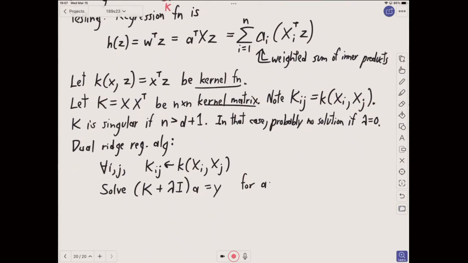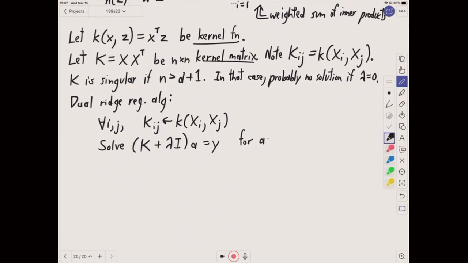And that essentially is the training phase of the algorithm. Once you've trained your regression, then you want to use it to label test points. So the testing phase: someone gives you a test point Z and says, regress this for me. What's the hypothesis at this point?